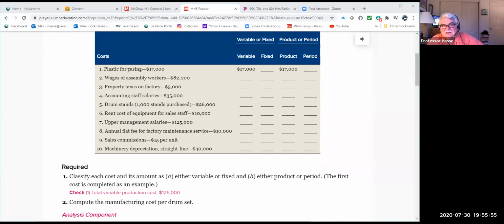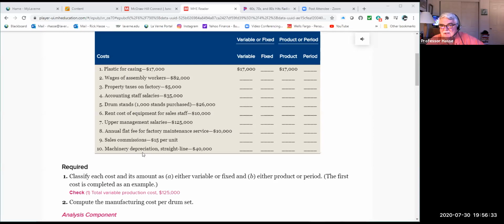Plastic for casing, materials. Wages of assembly workers, labor. Property taxes on the factory, overhead. Drum stands, materials. Annual flat fee for factory maintenance service, overhead. Machinery depreciation, straight line, overhead.